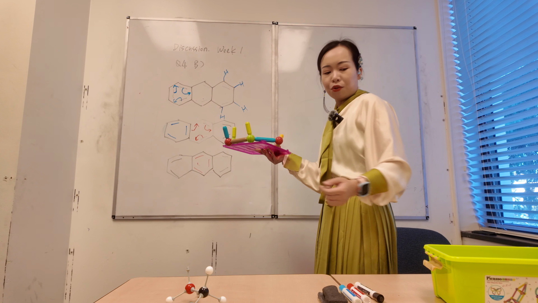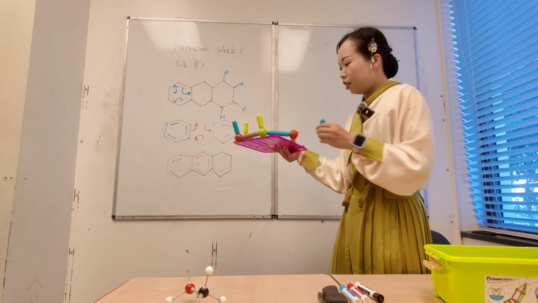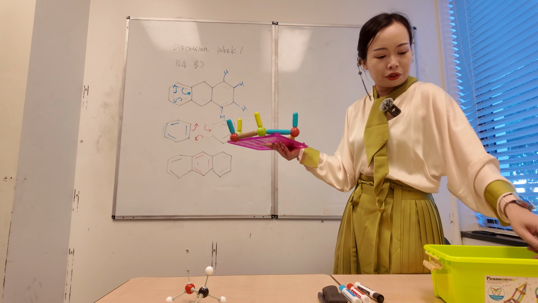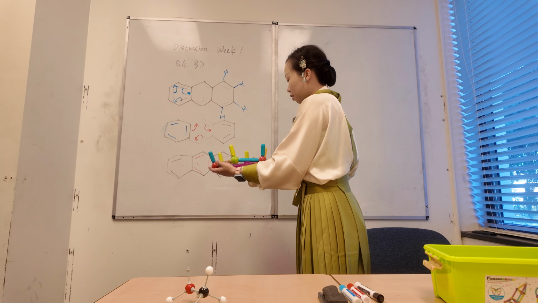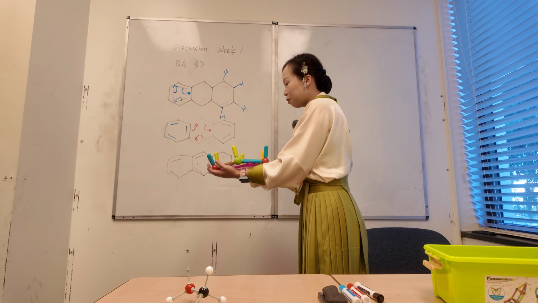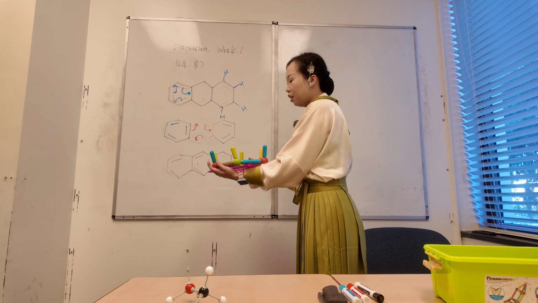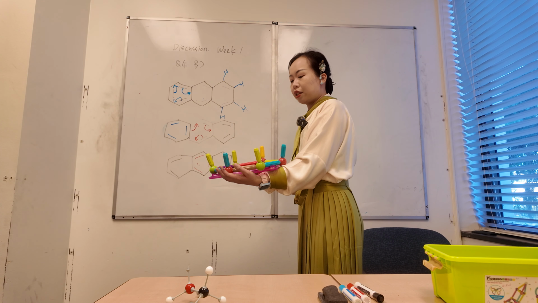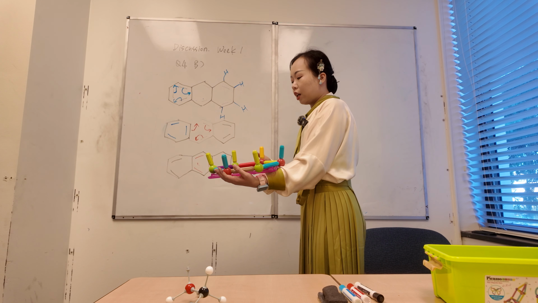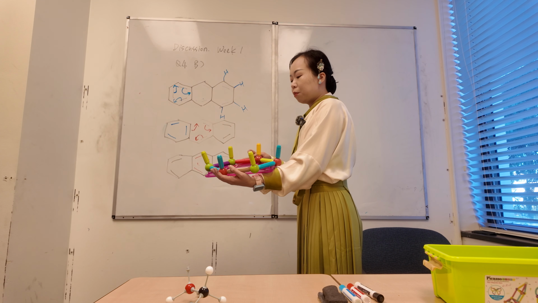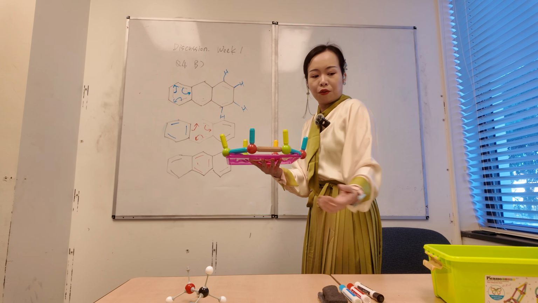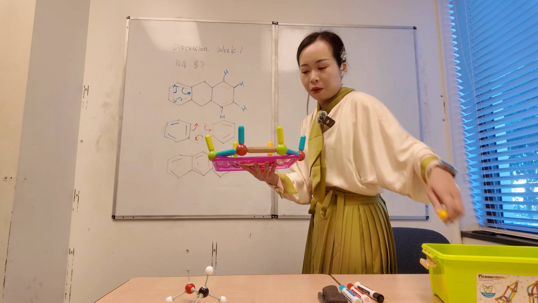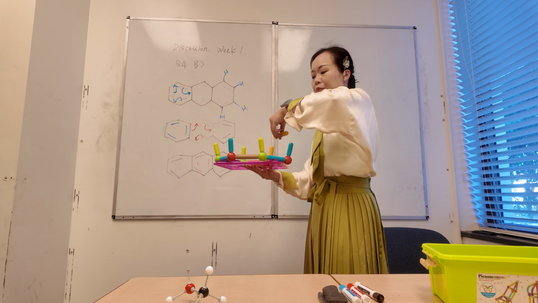Each small short line is an electron. It forms a bond between here and here.